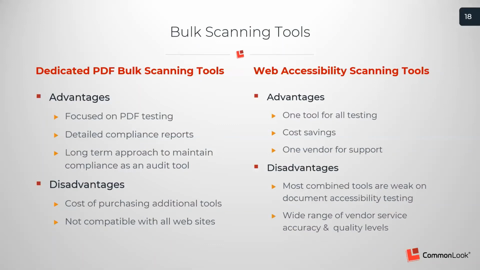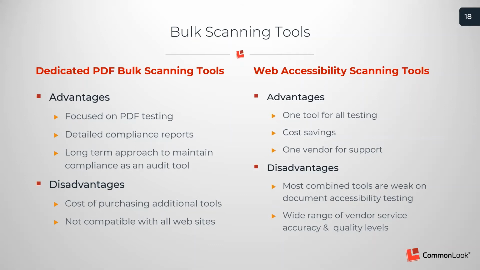On the PDF side of things, those that are dedicated to PDF, among the key advantages are a sharp focus on PDF testing specifically, as well as the ability to generate reports that show your accessibility status. A bulk PDF scanning tool can also provide for a long-term approach to sustaining your compliance efforts over time.